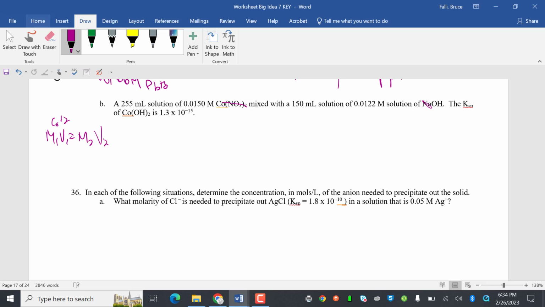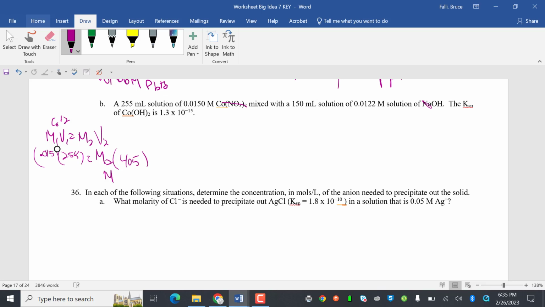My original molarity is 0.015. Original volume is 255. The new volume is 255 plus 150, which is 405.